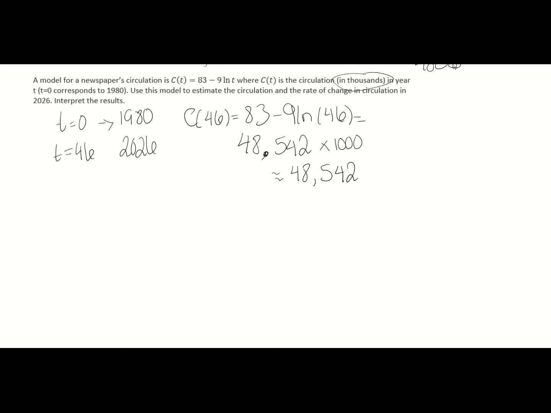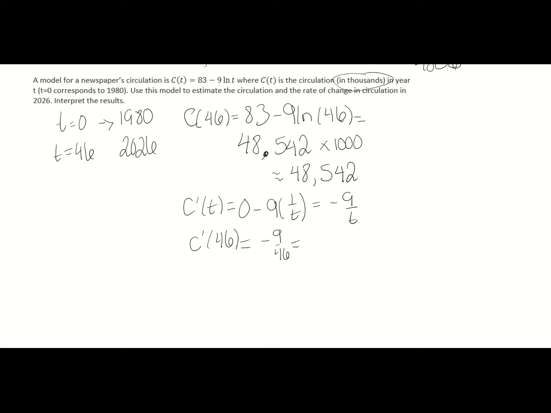Then you want to look at the rate of change in circulation. So that's the derivative. So I'm going to have C prime of t is equal to 0 minus 9 times 1 over t, because the derivative of ln of x is 1 over x. So it gives me negative 9 over t. So C prime of 46 is going to give me negative 9 over 46.